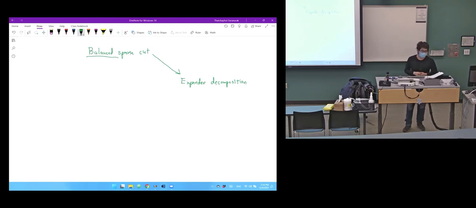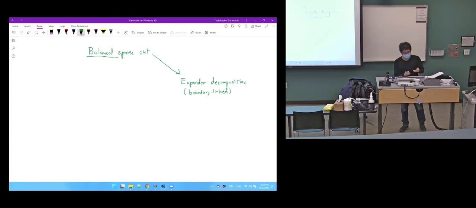Or it can be general demand sparsity, where you find the most balanced cut with respect to general demand. It will give you the corresponding expander decomposition. And you have seen that you can even strengthen expander decomposition a bit to be boundary linked as well.